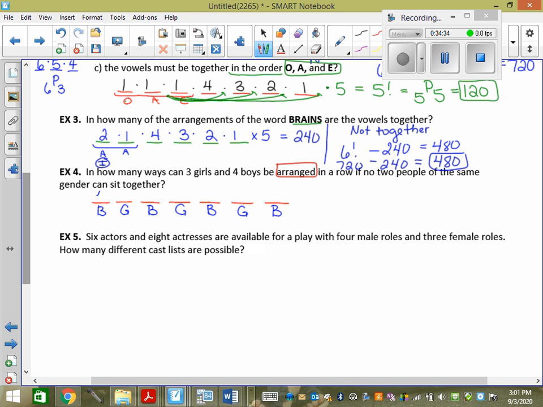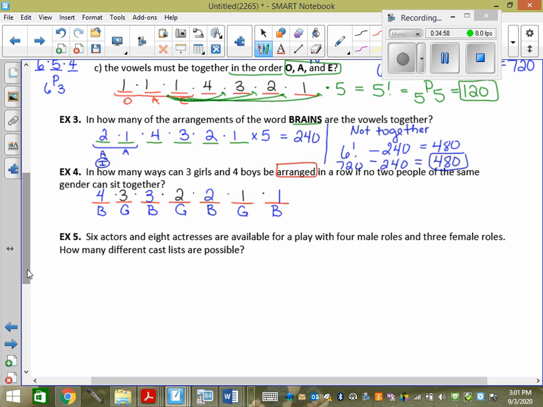Which is 4. I'm going to make the boys blue. So 4, then I sit a boy down. 3, sit another boy down. 2, sit another boy down. 1. With girls, I would have 3, sit a girl down. 2 for this one, sit 1 girl down. 1 for this one, right? So I could go 4 times 3 times 3 times 2 times 2 times 1 times 1.